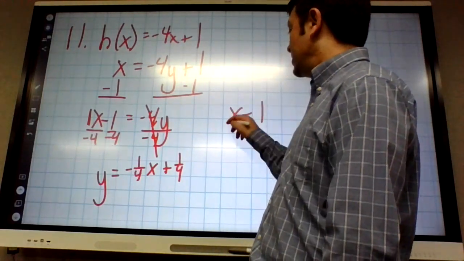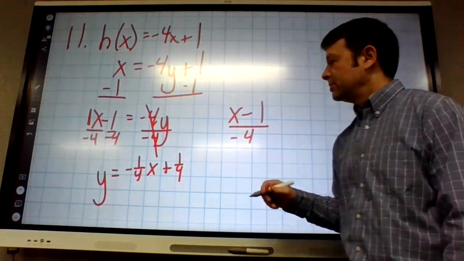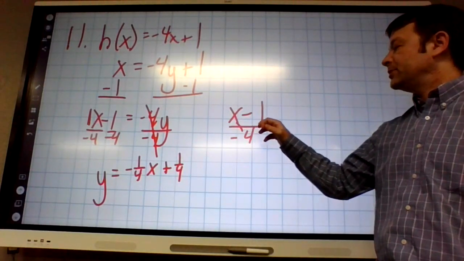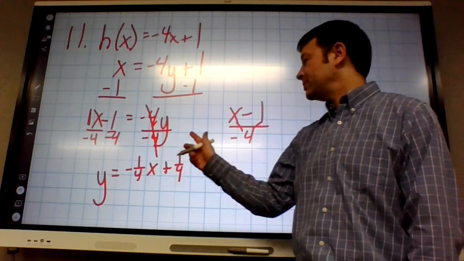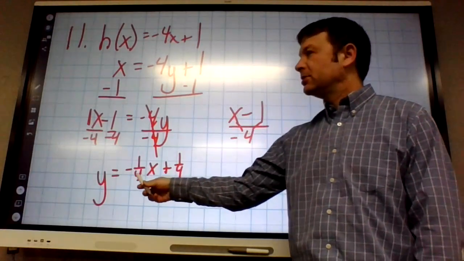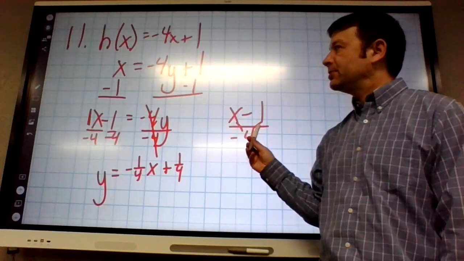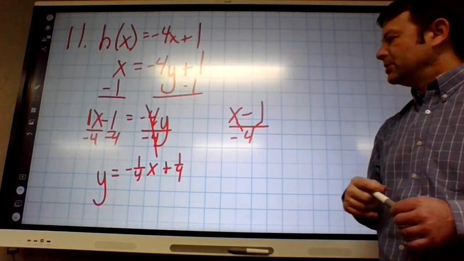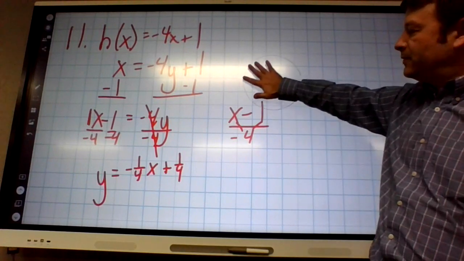I could have written it like this, but the problem is when we go to graph, that will be confusing. So I split it up. Both of those are divided by negative 4. We've done this before when we were graphing linear functions. You can divide them individually.